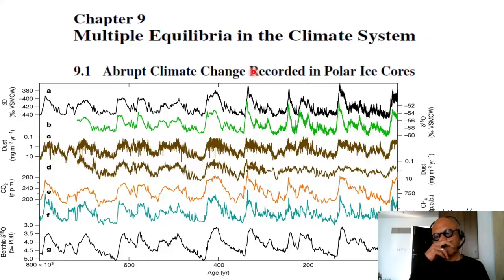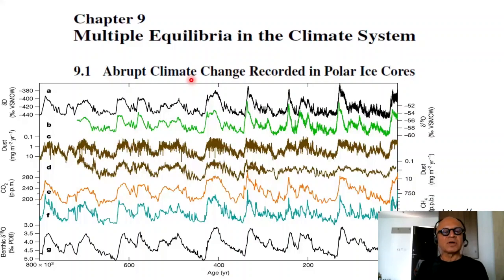So the idea is always to see what the past data say about such possibilities in the climate system and then try to build models to understand the processes that could have created these abrupt changes.